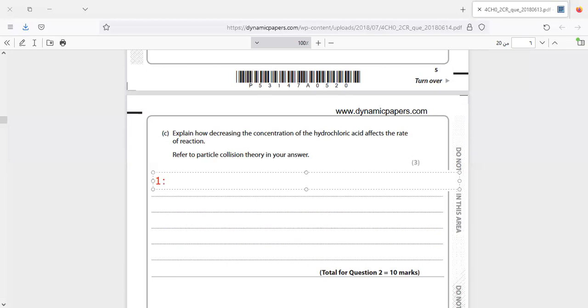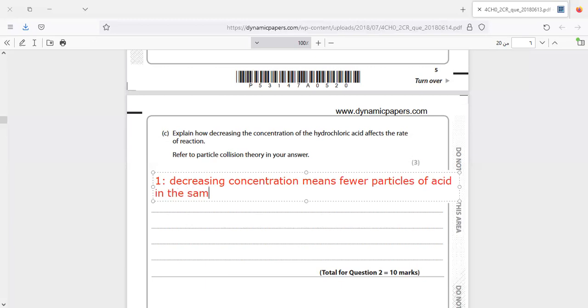Number one, I will write: decreasing concentration means fewer particles of acid in the same volume. 1 mark.